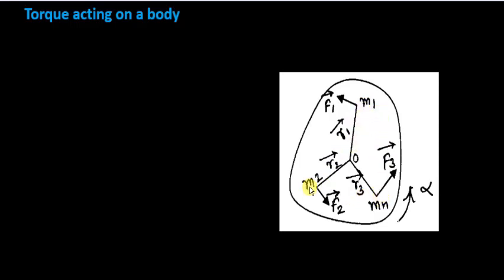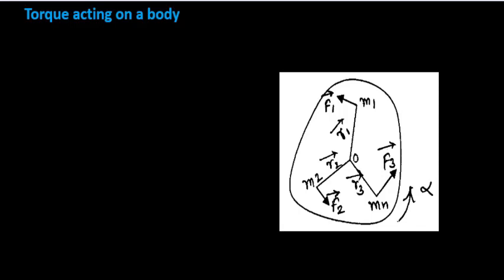Let r1, r2, r3, rn be their distances from the center of rotation. If we apply a single force on this body, though we apply a single force, different particles experience different forces. The force experienced by the first particle of mass m1 will be F1. The force experienced by the second particle will be F2. The force experienced by the third particle will be F3. In this way, if there are n particles, there will be n forces.